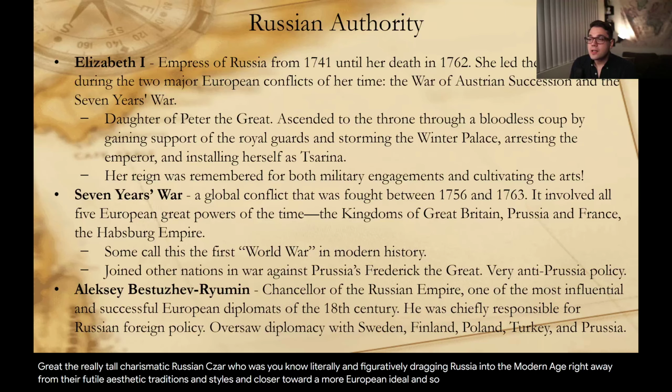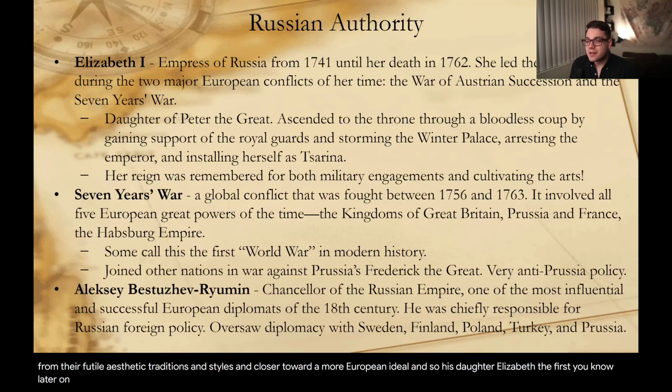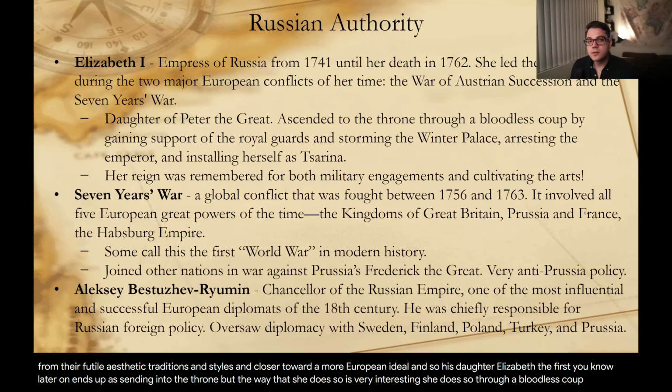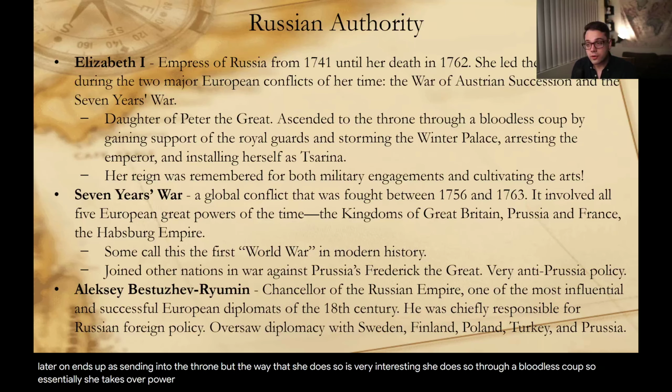And so his daughter, Elizabeth I, later on ends up ascending to the throne. But the way that she does so is very interesting. She does so through a bloodless coup. So essentially, she takes over power for herself and ends up gaining the support of the various royal guards and storming the Winter Palace. And so they ended up arresting the emperor and installing herself as Tsarina.